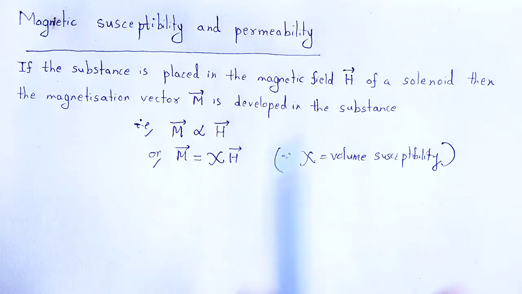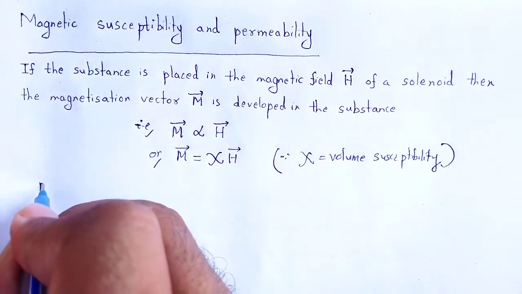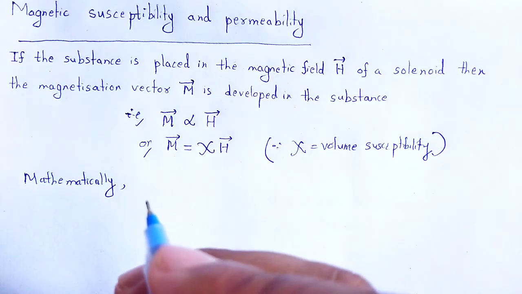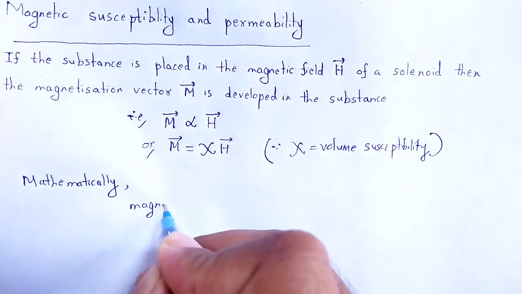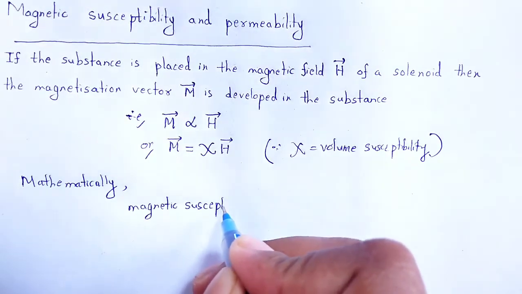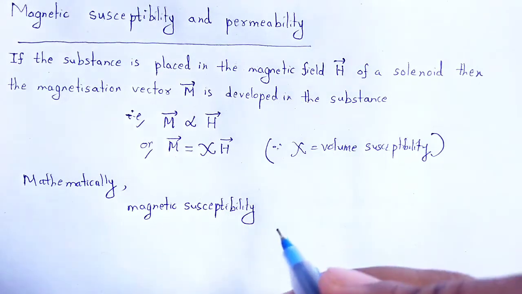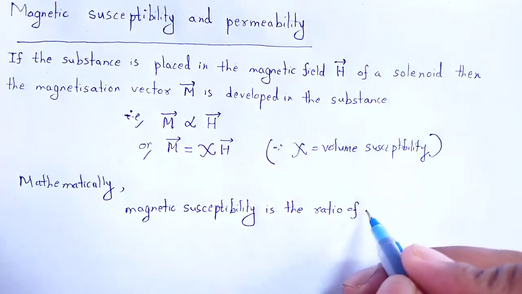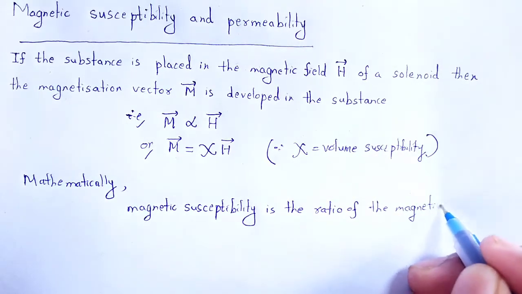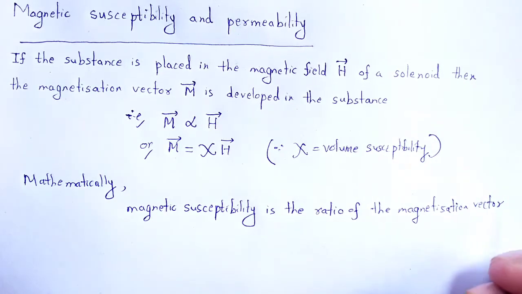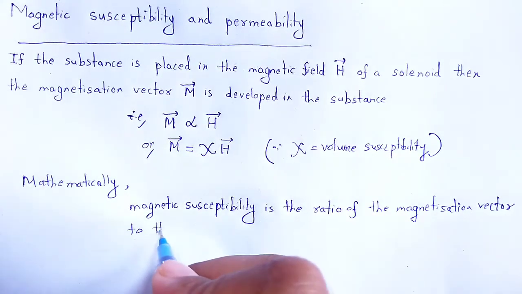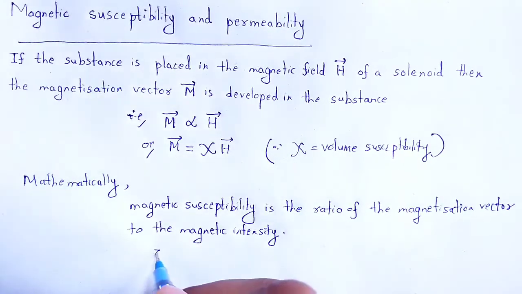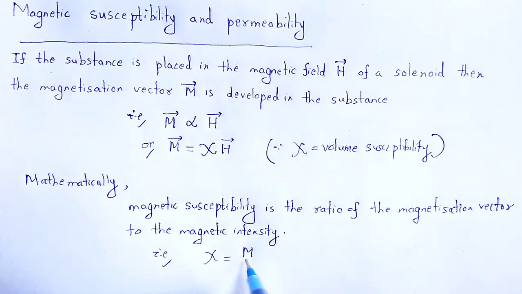Therefore, mathematically, the magnetic susceptibility can be defined as the ratio of the magnetization vector to the magnetic intensity. That is, xi is equal to M by H.